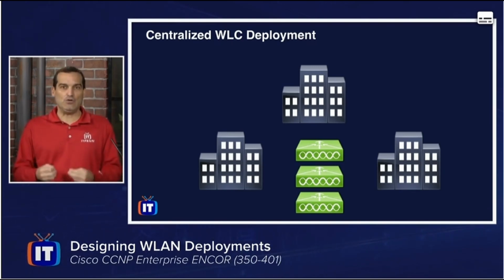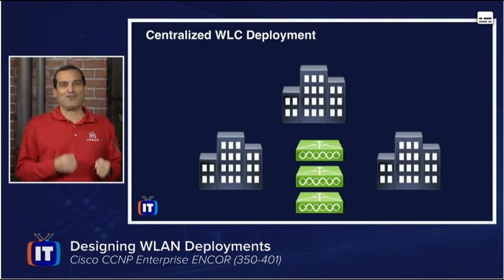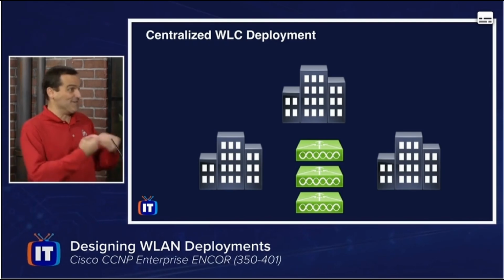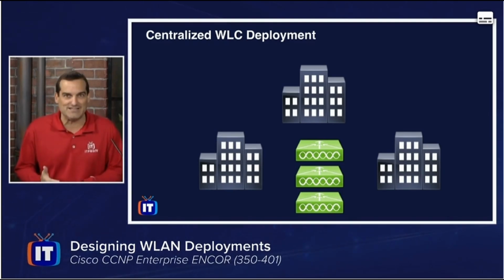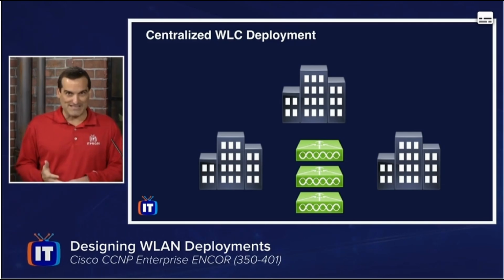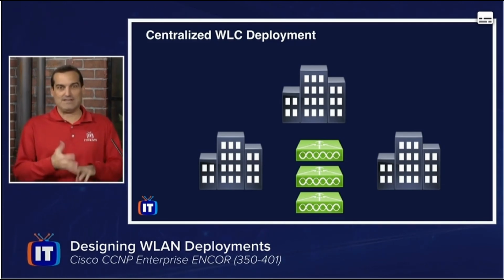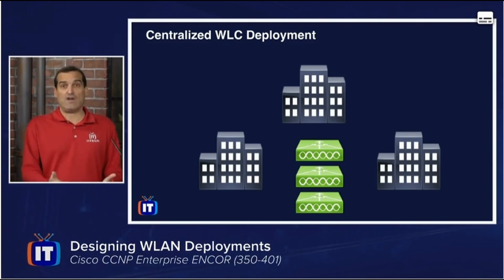This has a huge advantage as far as our management of the WLCs. We could make sure they're in a physically secured data center location. We can take advantage of all of the data center benefits, our great access.